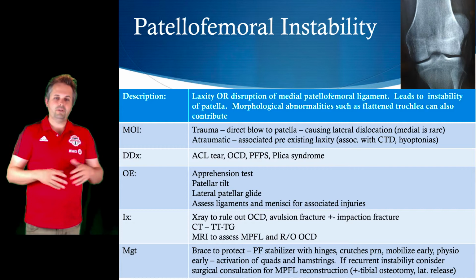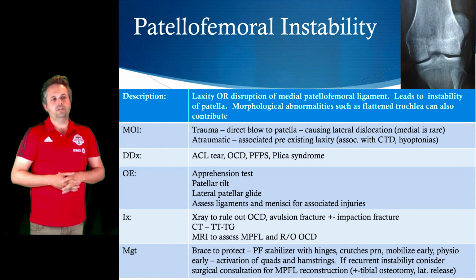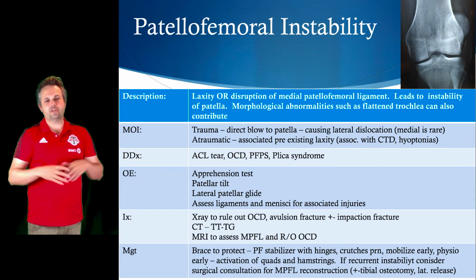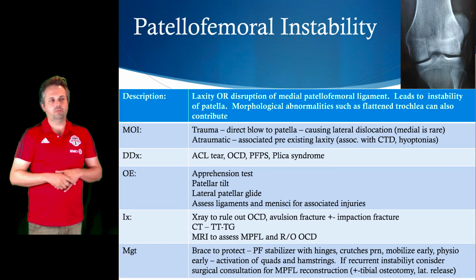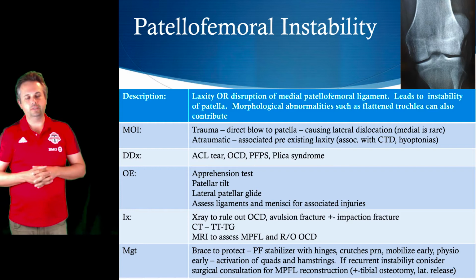In terms of management for the chronic and pre-existing laxity, typically I recommend less restriction, smaller bracing, such as a Neo-Tracker or a neoprene brace, and then mobilizing very, very early.